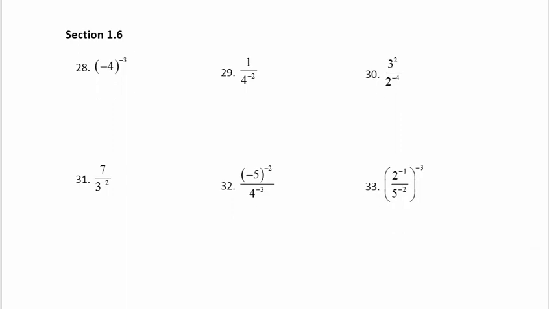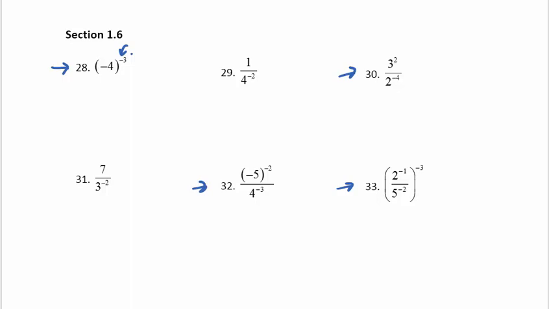All right, moving on to section 1.6. Questions I usually answer in 1.6 are 28, 30, 32, and 33. So let's start with 28. Notice I've got this negative exponent up there, and the instructions were to write this or evaluate this without any negative exponents on there.